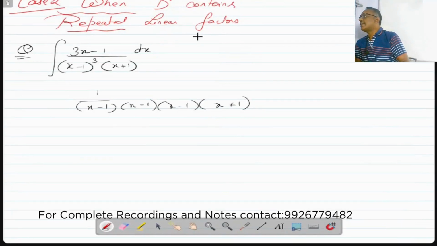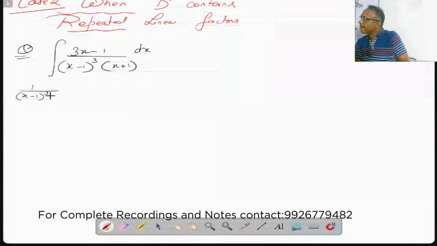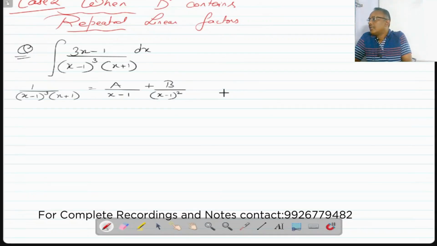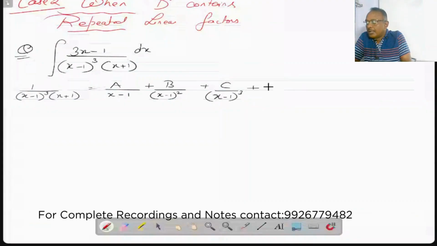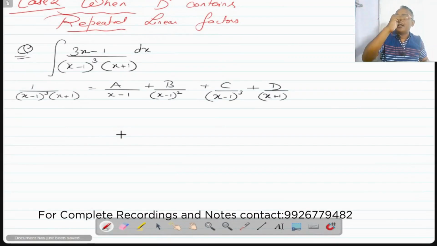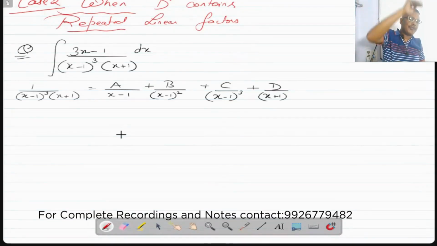So for cases like this, the method partial fraction says you can write this fraction as a upon x minus 1, b upon x minus 1 का square, c upon x minus 1 का cube, d upon x plus 1. मतलब whenever suppose पावर 4 है तो पहले पावर 1 लेना, फिर अगला b अपॉन पावर 2 लेना, फिर c अपॉन पावर 3 लेना, फिर d अपॉन पावर 4 लेना.